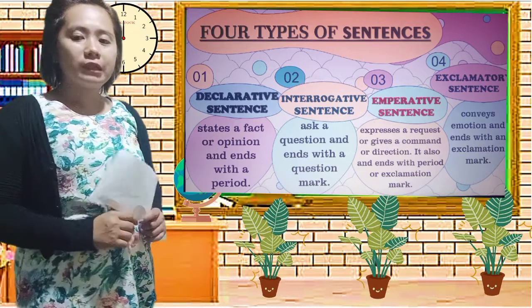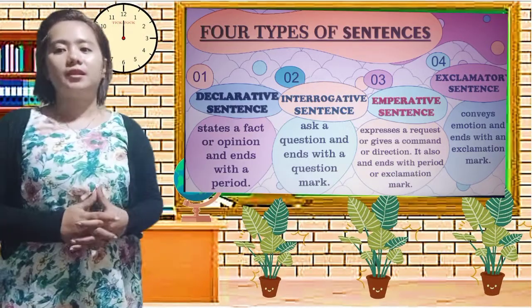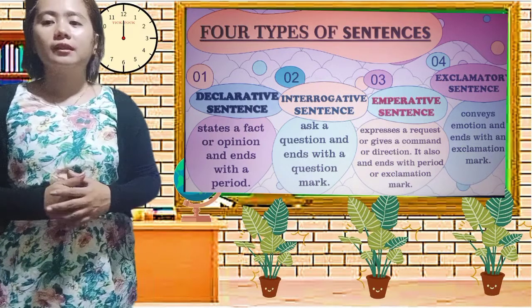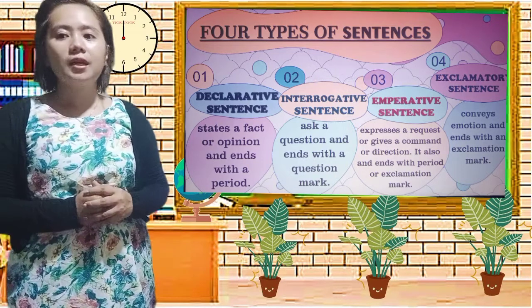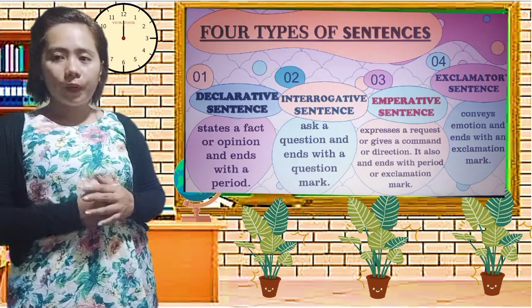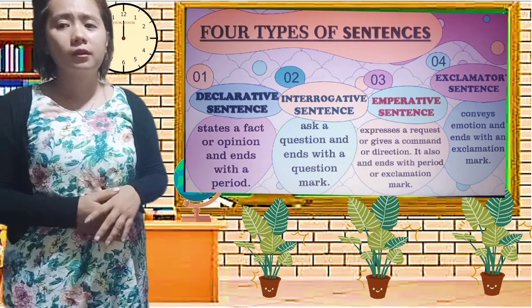Can you please read the definition? Thank you! Now, let's proceed to the sentence that Group 3 came up with. It ends with a period, but that doesn't mean it's a declarative sentence. Can somebody explain to the class why?